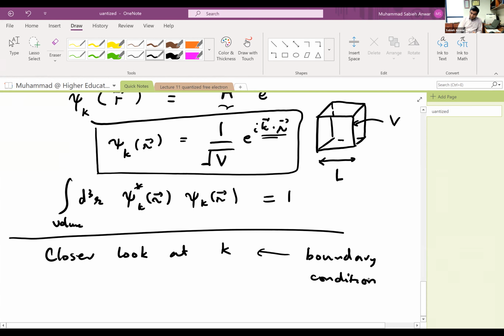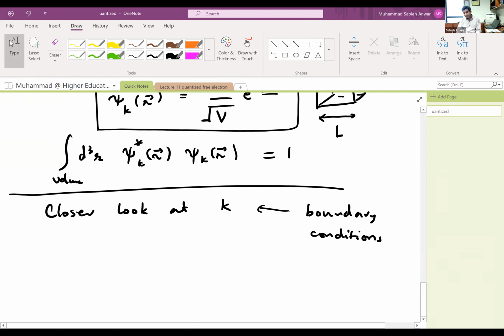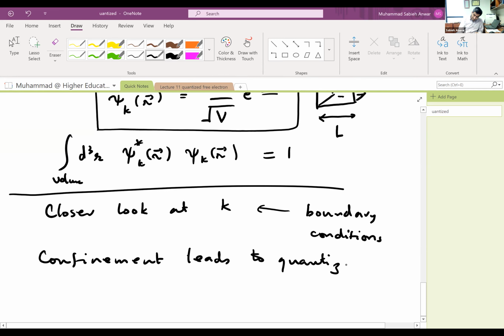And on those boundary conditions, there's a well-known rule in quantum mechanics that confinement leads to quantization. What this means is that if I have an electron roaming about in space and it is not constrained spatially to remain in a certain region, it can have any value of k.